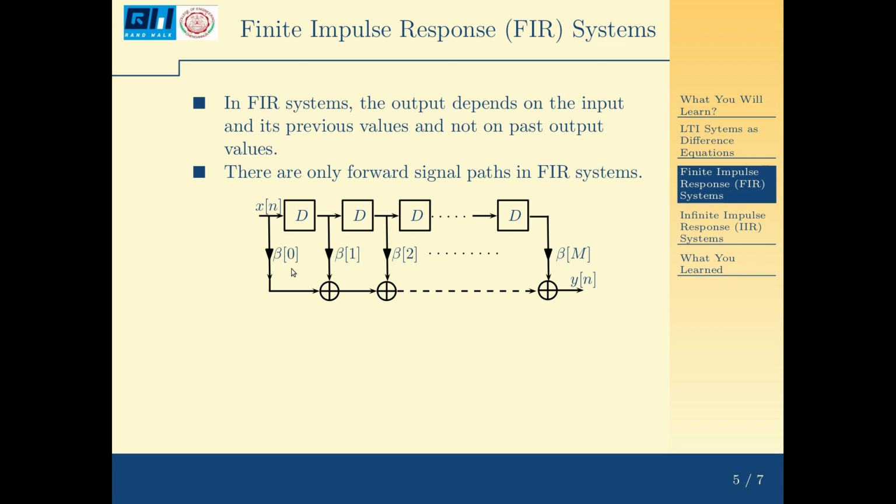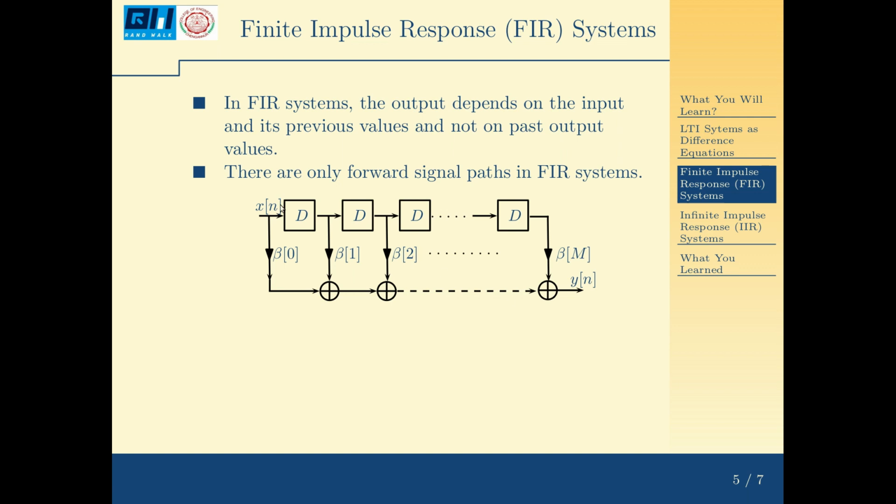Now you can see that there are only forward paths in the signal. There cannot be any backward path or any feedback path in the system. So if I launch an impulse here, either it can take a path like this and reach the output at n equal to 0, or it can take a path like this and reach the output at n equal to 1, or it can take a path like this and reach it at n equal to 2.